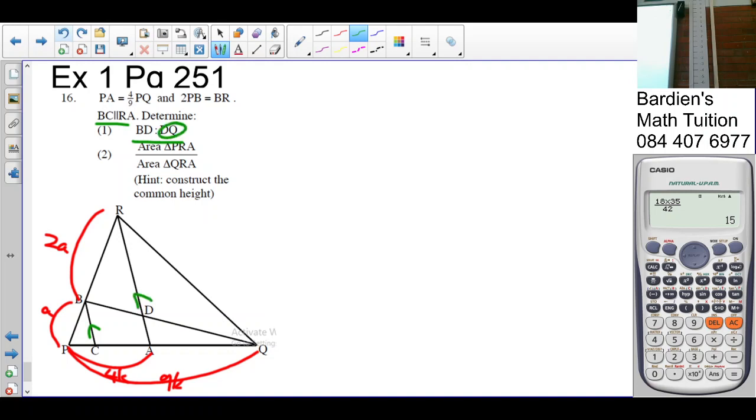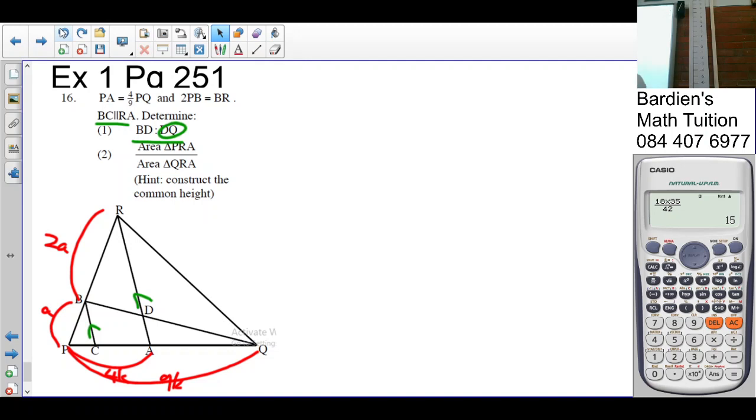So if that is parallel, what do we know? We know that PB over BR is equal to PC over CA. Not so? What else do we know? We know that that line is also the same line here, which means to say that QD over DB is equal to QA over AC. You guys understand? But we don't know which one we're going to use. We might use both.